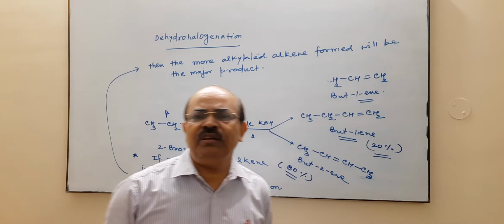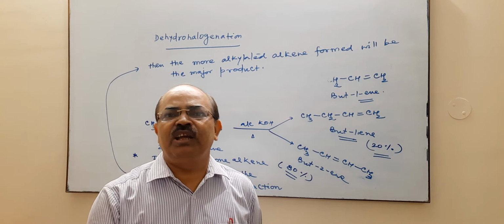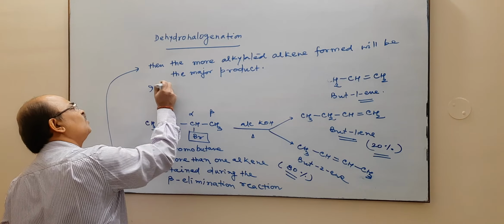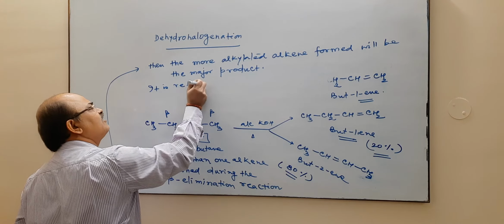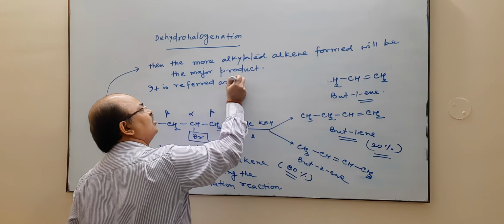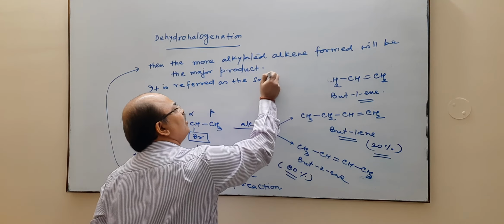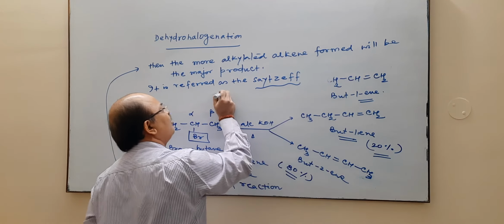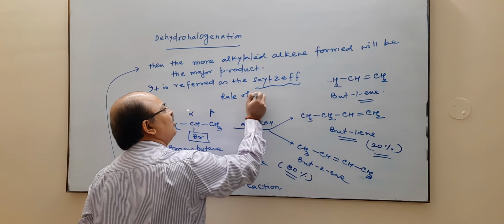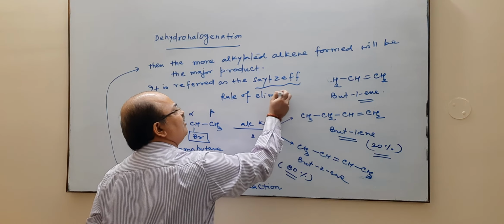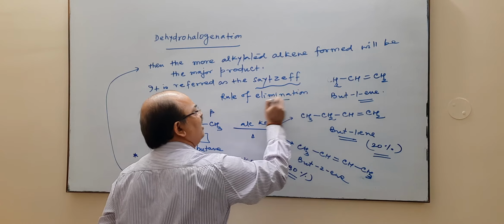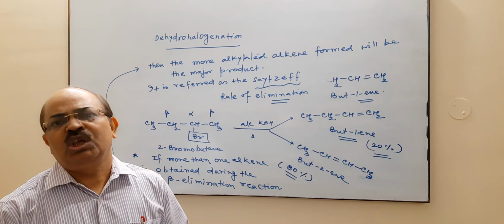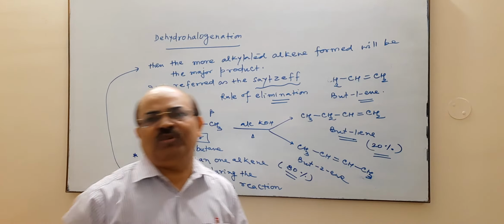So naturally the less alkylated alkene will be minor. It is referred to as the Zaitsev rule of elimination. So the detail of the Zaitsev rule of elimination you will study in class 12.